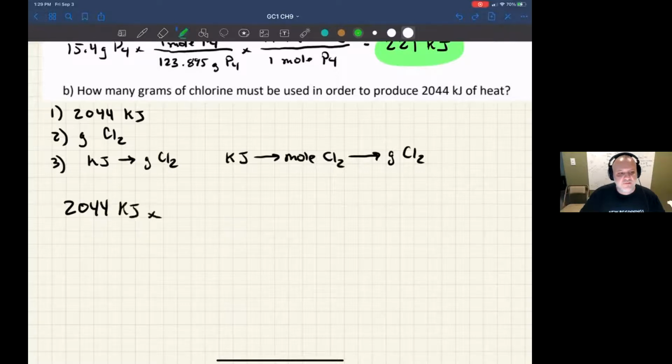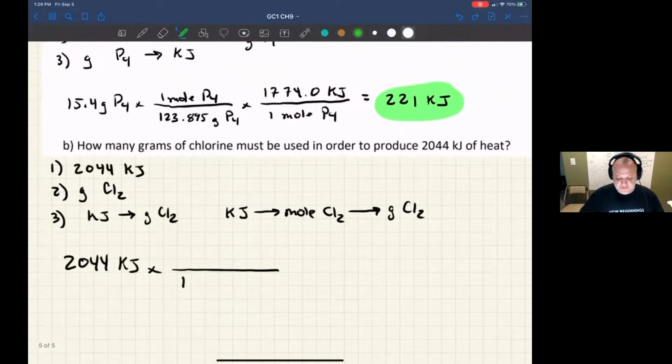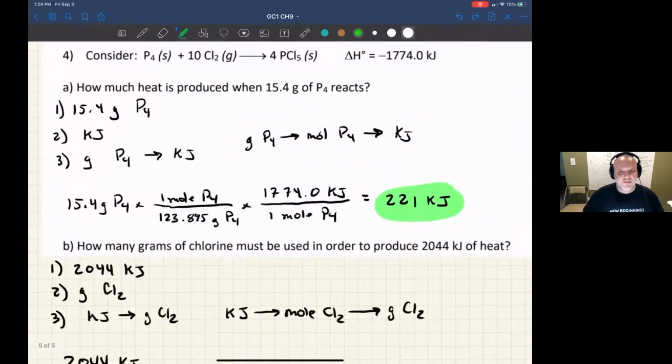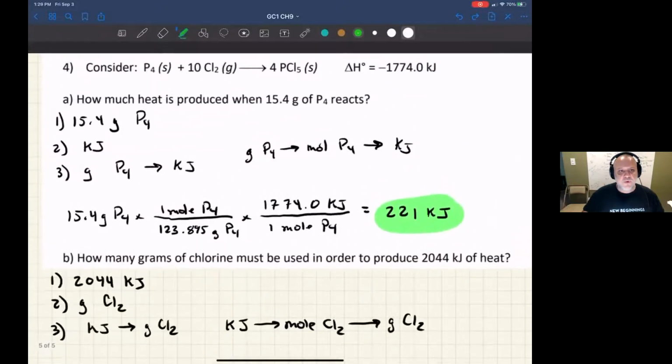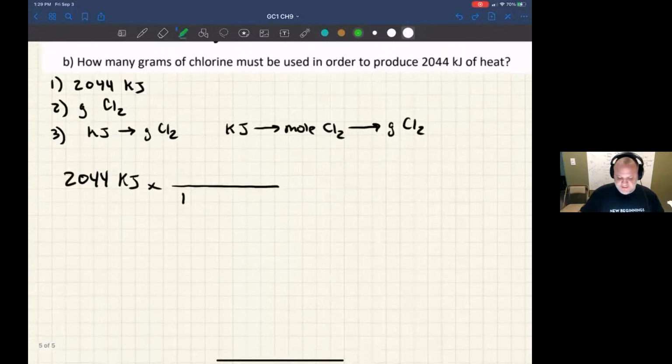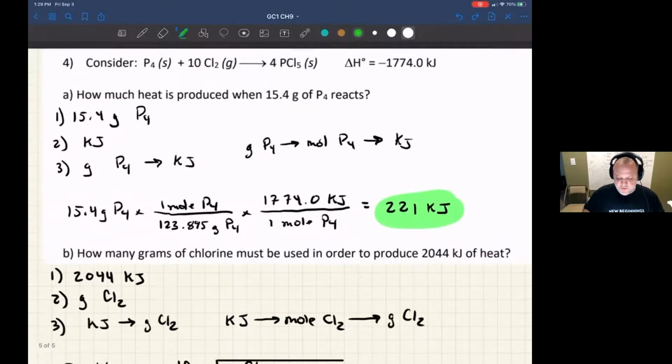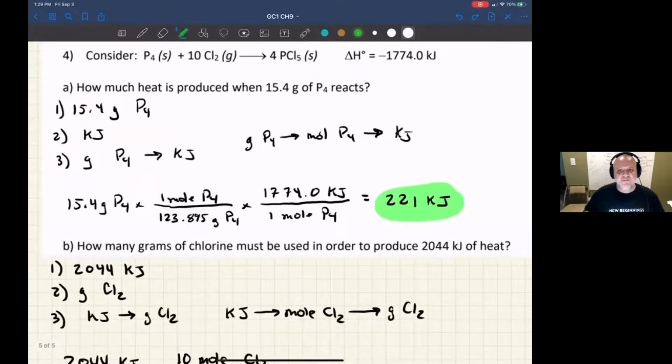2044 kilojoules times, now let's take a look at the stoichiometric information in the thermochemical equation. It's not 1 mole for chlorine, it's 10 moles for chlorine. So 1774.0 kilojoules per 10 moles of chlorine. So remember that thermochemical information that's given is based on the stoichiometry of the balanced chemical equation.